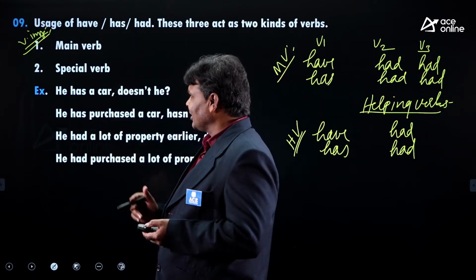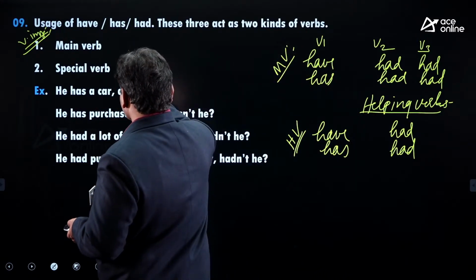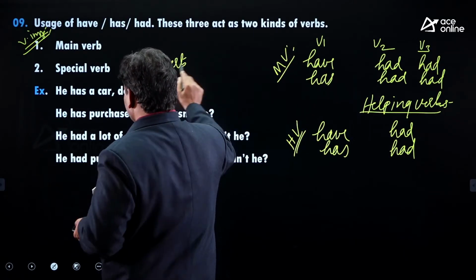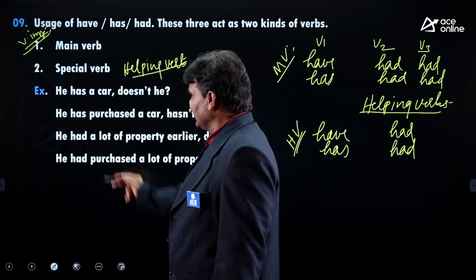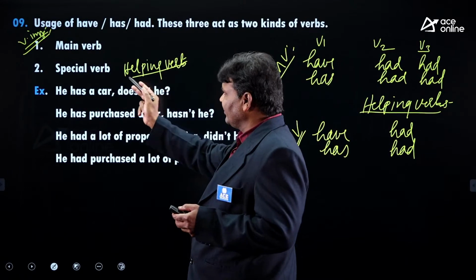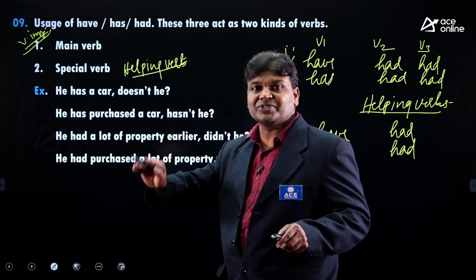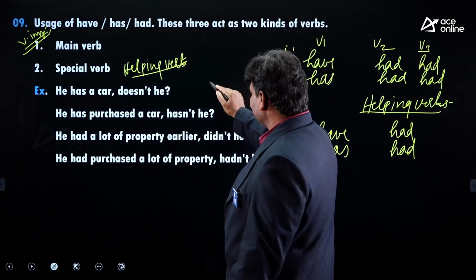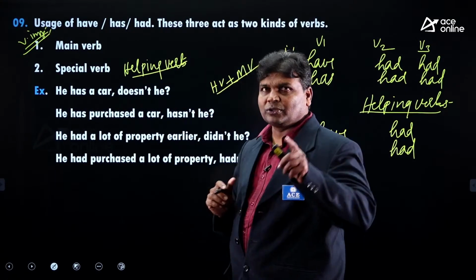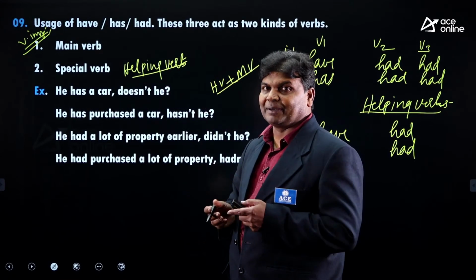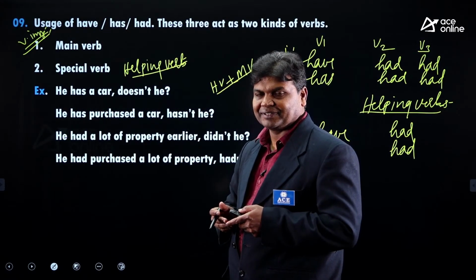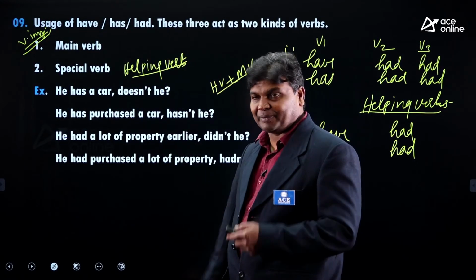Main verb and special verb. Special verb means a helping verb. Be careful here now. Right. He has a car. What is helping verb? With helping verb, we will be using another verb: helping verb plus main verb now. I do not go. Now do is helping verb now. Am I right, students? Now there has to be one other verb now.